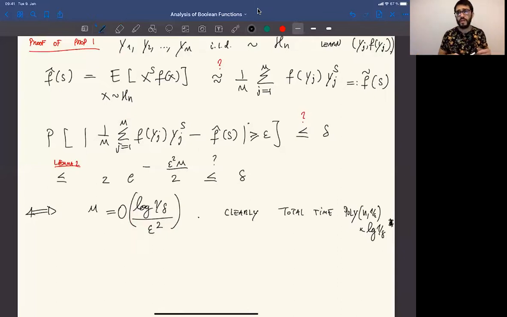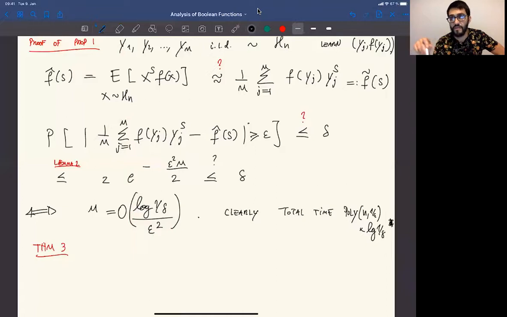But this proposition is telling you something very nice, which is the following theorem. Because this is telling you that, well, if I have an algorithm that can learn the Fourier coefficients of a class of functions. So this was for a specific function.